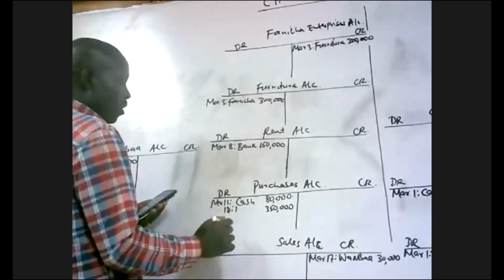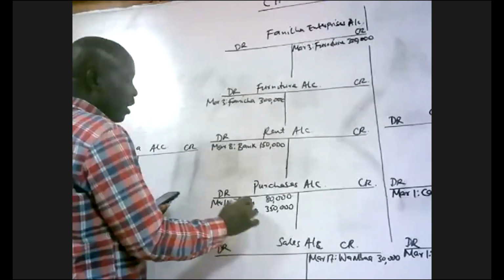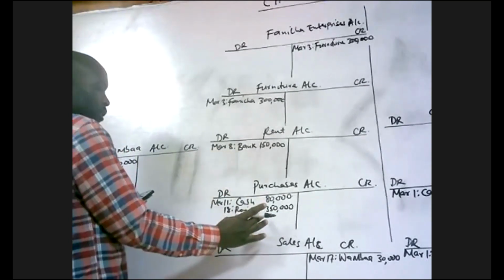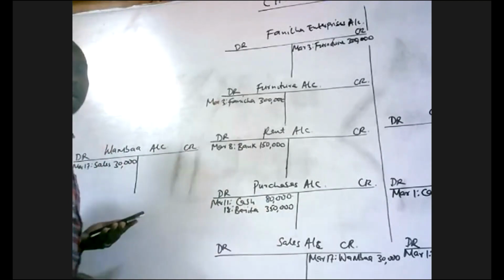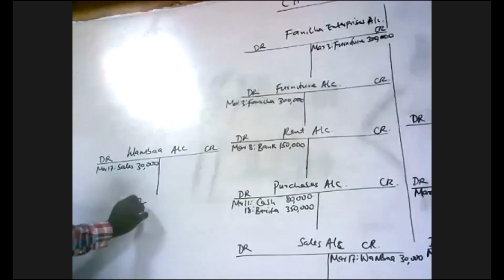And then we open an account for Banita Traders. So here we write Banita. On the purchases, we debit purchases by the name Banita, 350,000. Then we proceed and open Banita account.